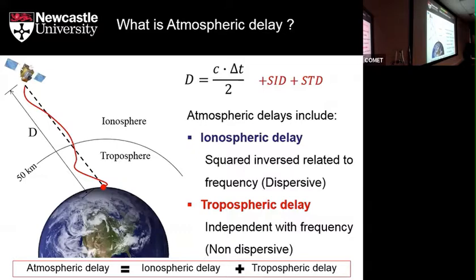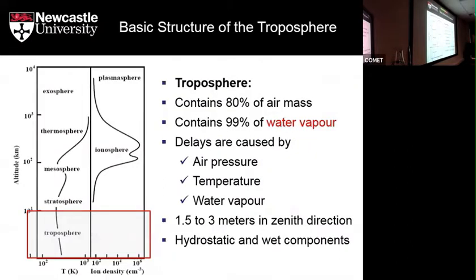The basic structure of the troposphere: it contains 80% of the air mass and also contains 99% of the water vapor. So what causes the tropospheric delay is the air pressure, including the dry air and the wet air pressure, and the temperature, and most importantly, the water vapor. These 3 factors cause the tropospheric delay.